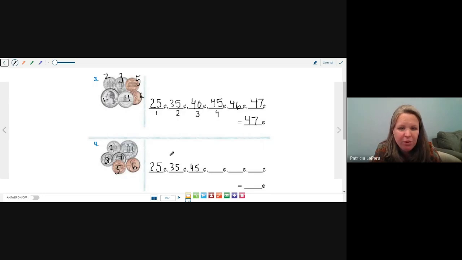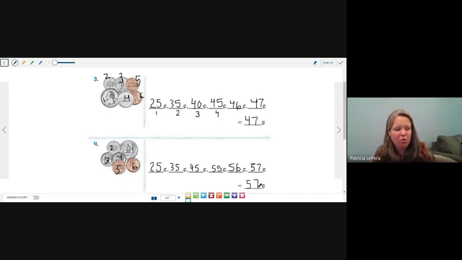My fourth coin I'm going to add, 55 cents, because it's plus 10 more. My fifth coin is a penny. Pennies are 1 cent, so I go up to 56 cents. And the last coin, another penny, 57 cents. So my total for that pile of coins is 57 cents.